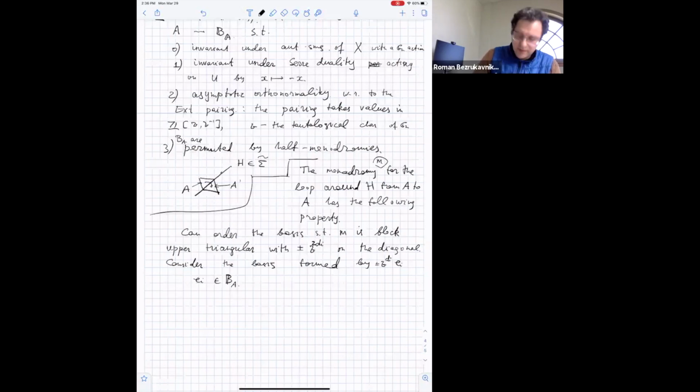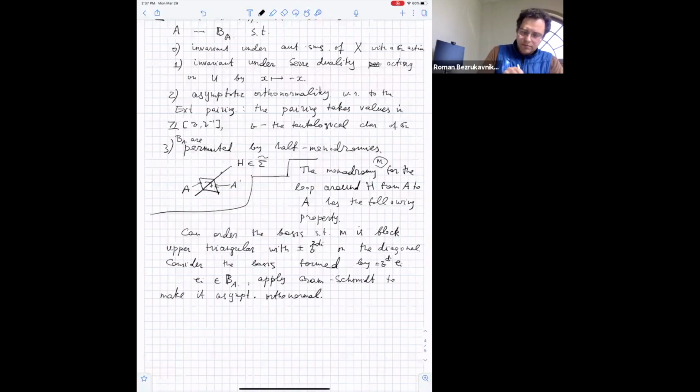and apply, well, a version of Gram-Schmidt algorithm to find a basis which differs from that one by block upper triangular transformation, and which is asymptotically orthonormal. Gram-Schmidt, to make it asymptotically orthonormal.